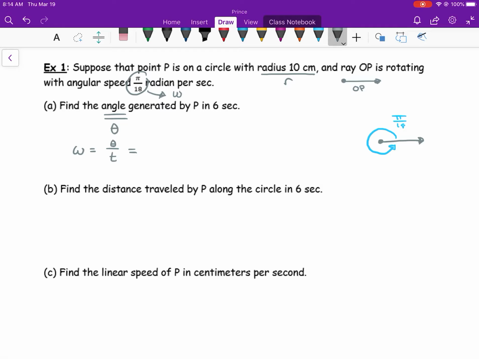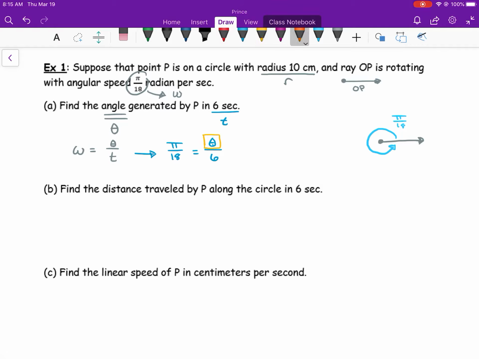So let me erase this and change it. Pi over 18 is our omega, and it's equal to theta, which we don't know, divided by time, which is 6. Our unknown is theta, even though it looks like pi can be an unknown.